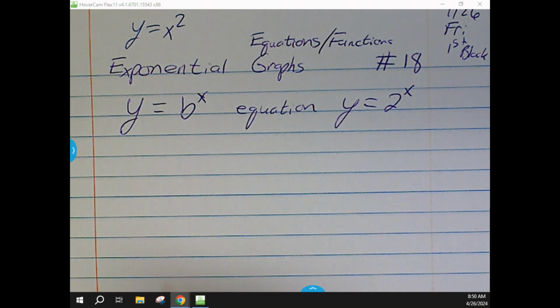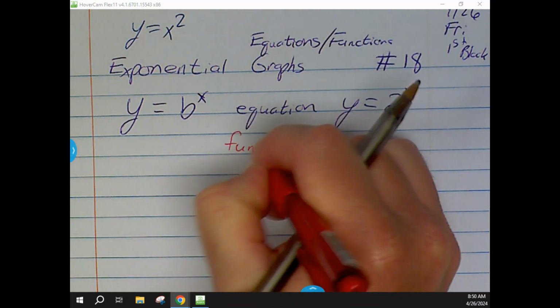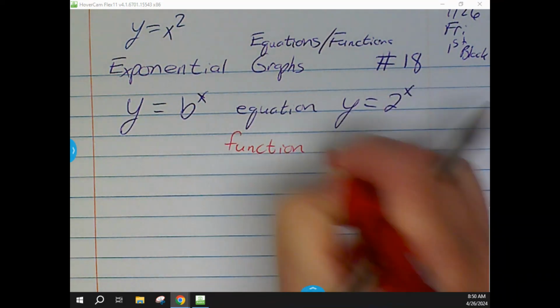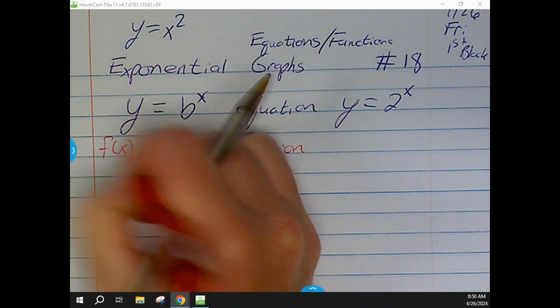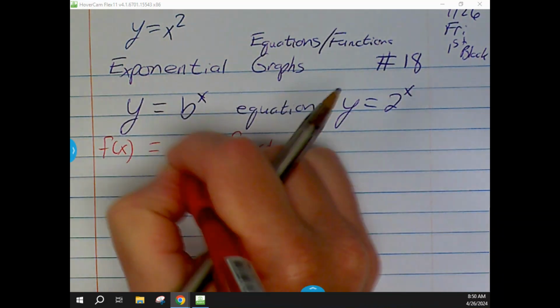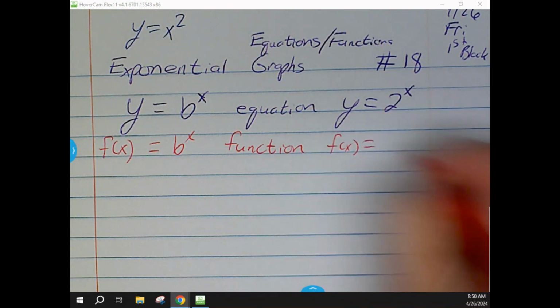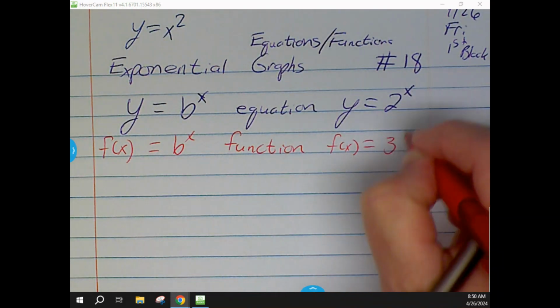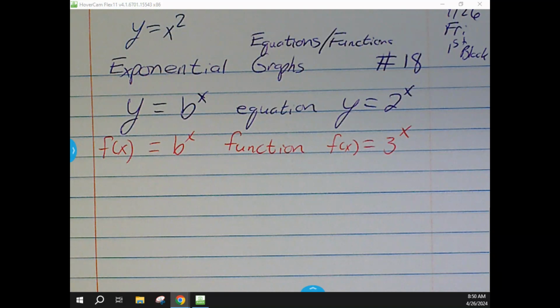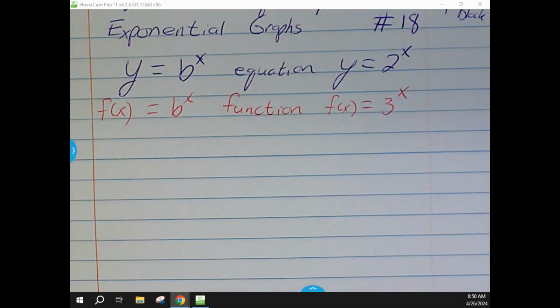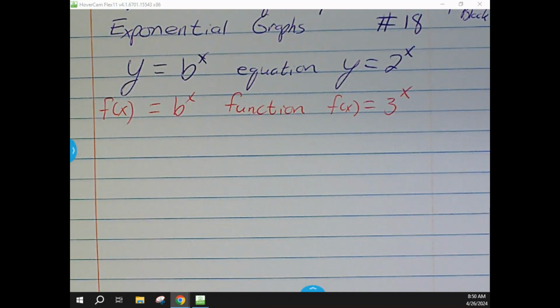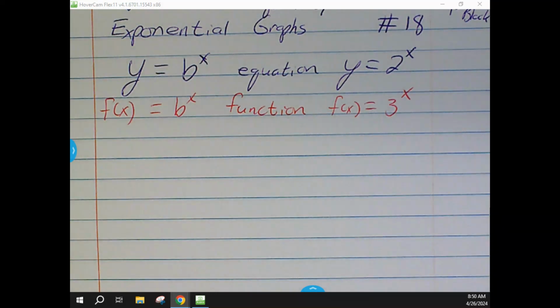If you put it in terms of functions, again, the big difference is that you replace the y with f of x. So it could be that you've got something like that. That's what we're looking at for exponentials.